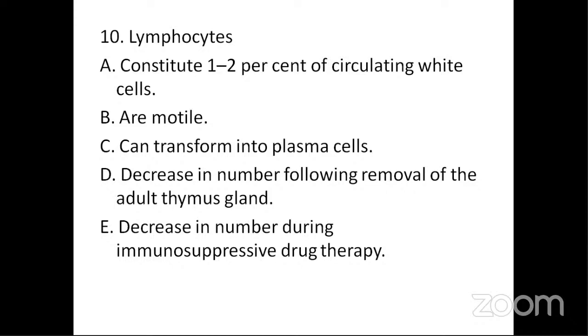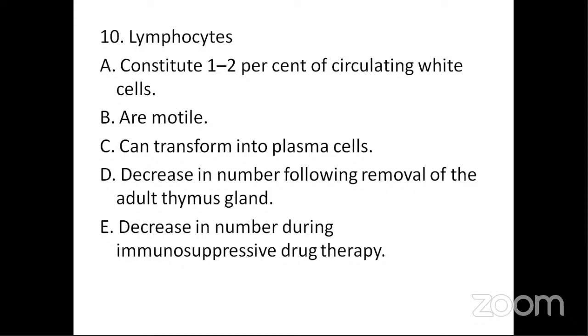So only 1 to 2% of circulating white cells means it is false. Second option, true, because lymphocytes are motile, they migrate by amoeboid movement to areas of chronic inflammation. Wherever the chronic inflammation is present, lymphocytes will migrate there. So they are motile. Yes, it is true.